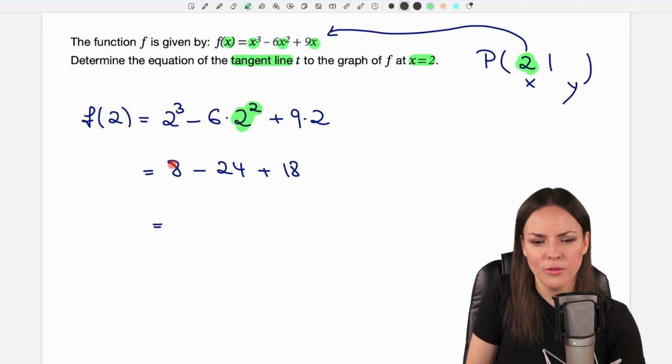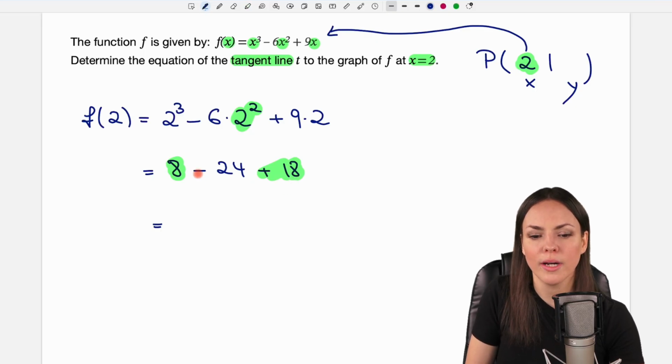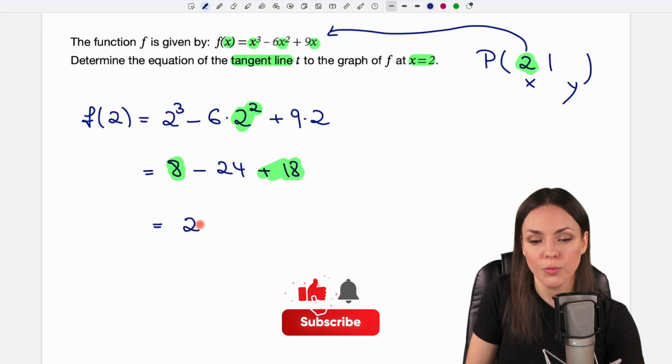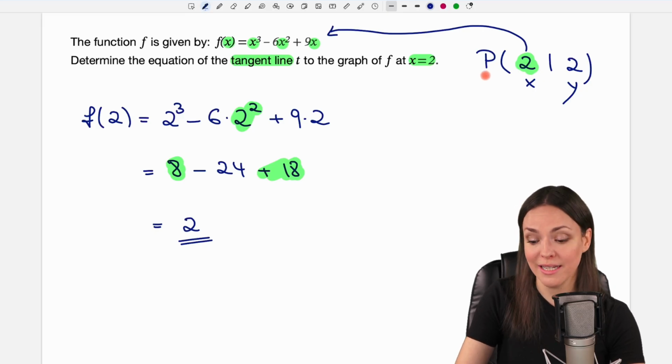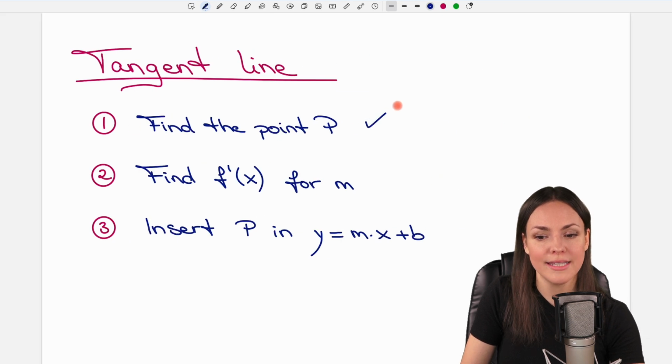Now, maybe we do 8 plus 18 first, which equals 26, and 26 minus 24 equals 2. This is the y-coordinate of our point P, so it is 2. It's the same as the x-coordinate, but it can happen. But we found our point P. That was the first step.